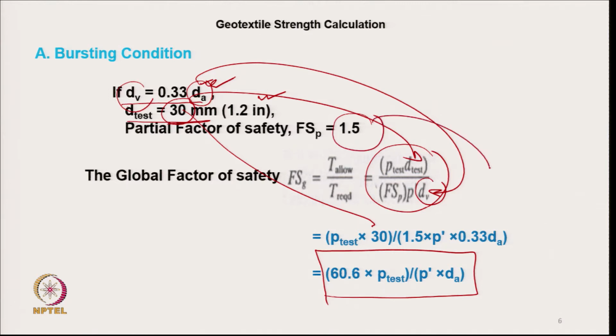Finally, we get one relationship of global factor of safety equal to 60.6 multiplied by test pressure divided by the tire inflation pressure multiplied by the diameter of stone. So, this relationship is actually used for quick calculation of global factor of safety.